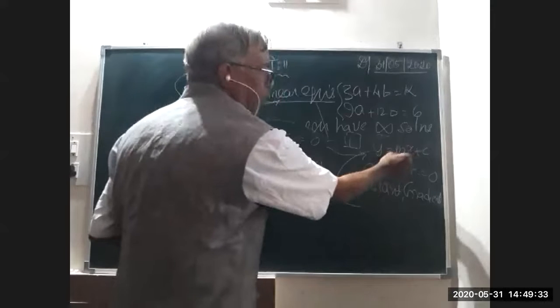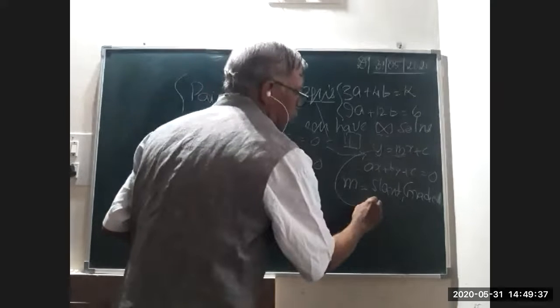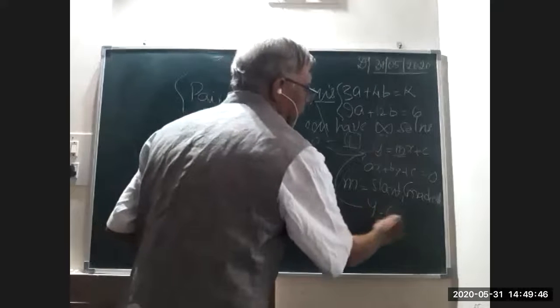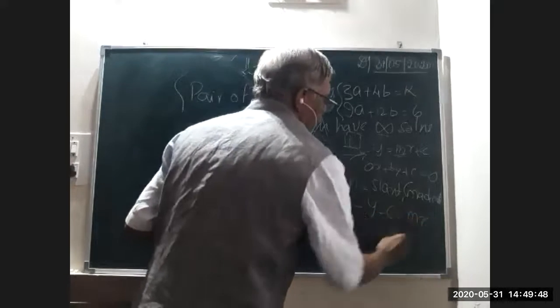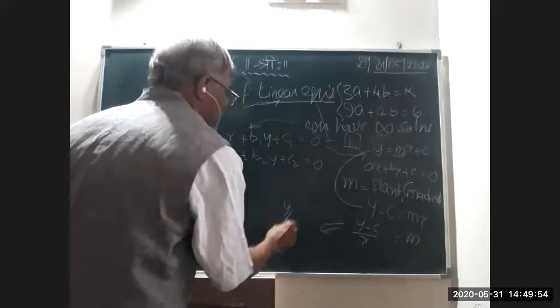See, when I solve this equation, I want m, for example. If y is equal to mx plus c, and I wanted m, then y minus c will be mx, and m will be equal to (y minus c) by x, which implies y by x minus c by x.